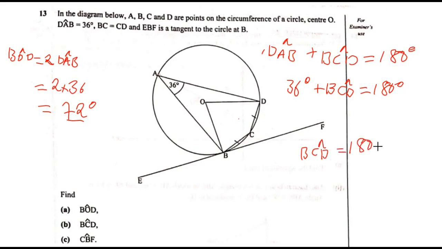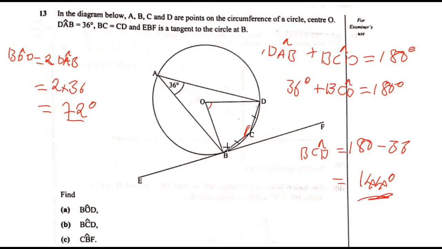So basically this will mean that BCD is equal to 180 degrees minus 36 degrees, and then this will give us 144 as the answer. So BCD is 144 degrees. And then we have CBF.